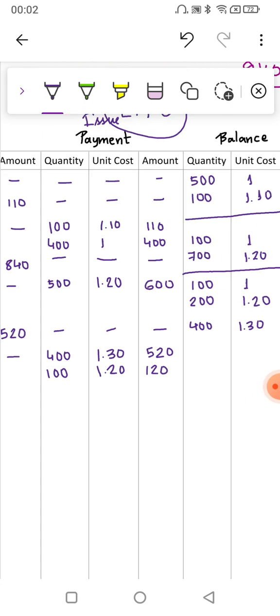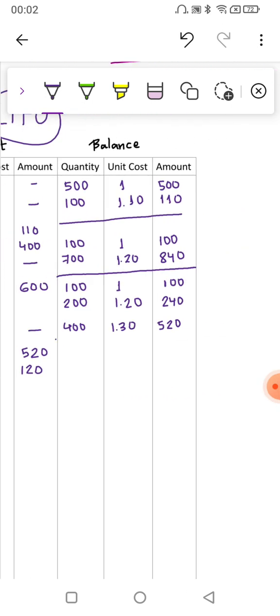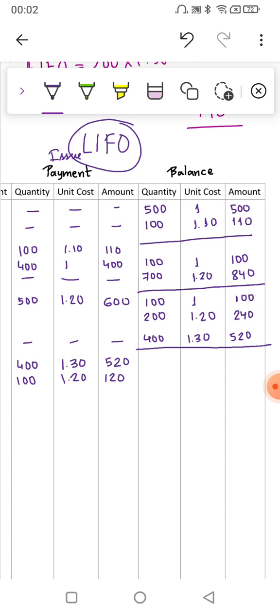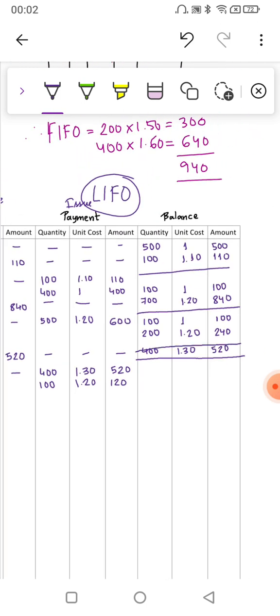Now after this is gone, you see there will be some changes. The latest 400 is gone from here, and from this 200, 100 is gone. So 100 remains and the previous lot's 100 remains.